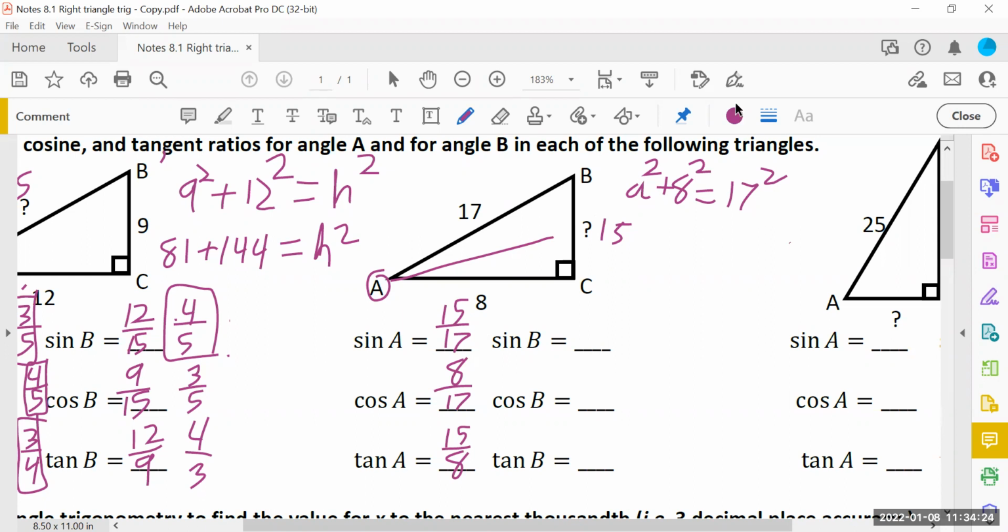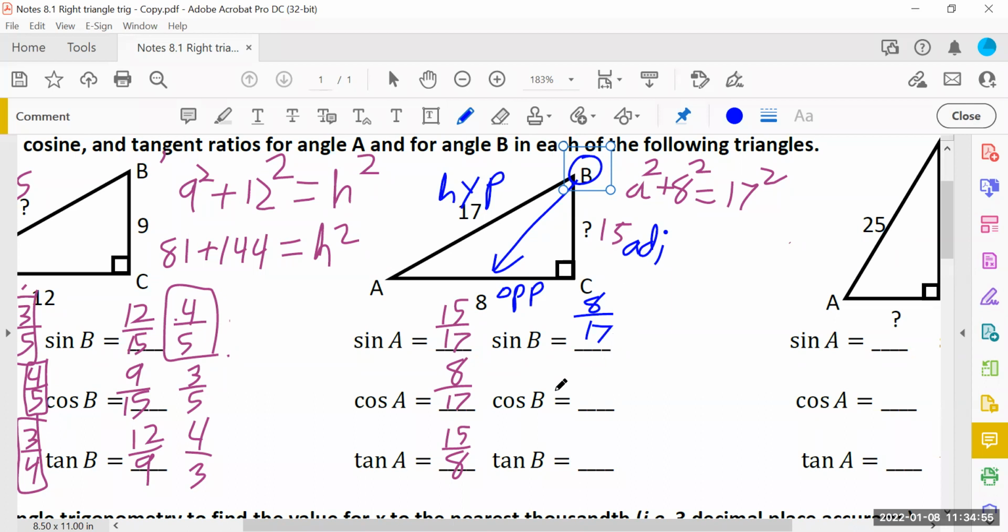Let's go ahead and switch, and let's look at angle B instead. So I'll erase this. So angle B up here, opposite side is now 8 over hypotenuse is still 17, adjacent side. And if you guys want to label these, when you're looking at B and you want to write, okay, this one's opposite, this one's adjacent, this one's hypotenuse, that's totally fine, as long as you remember that if you switch over to looking at A, you've got to switch the adjacent and hypotenuse.